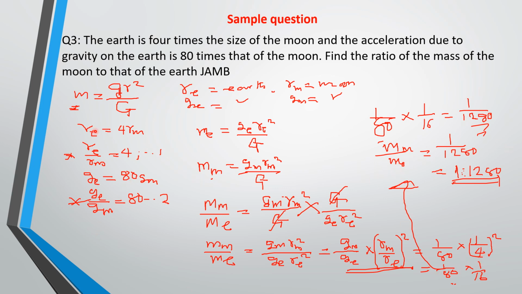Okay, so you see how it started relating the radius of the earth to that of the moon, and then the acceleration due to gravity of the moon to that of the earth. The question says the earth is 4 times the size of the moon, and the acceleration due to gravity of the earth is 80 times that of the moon.